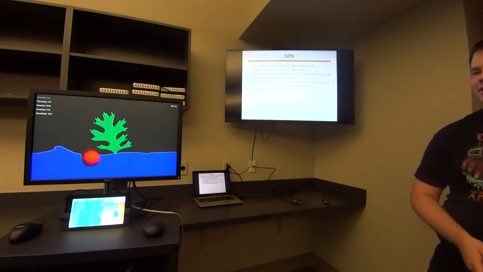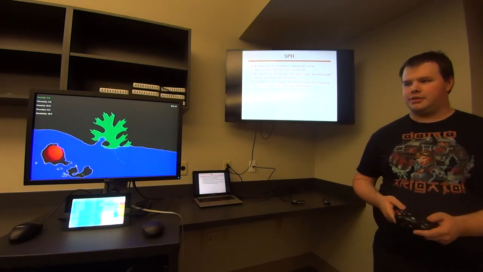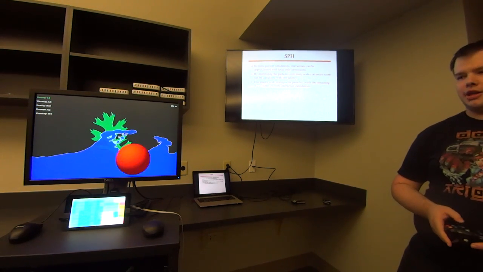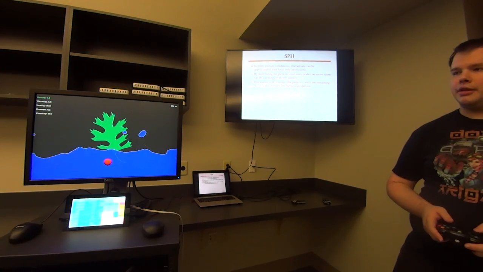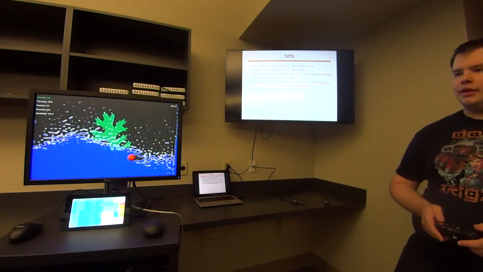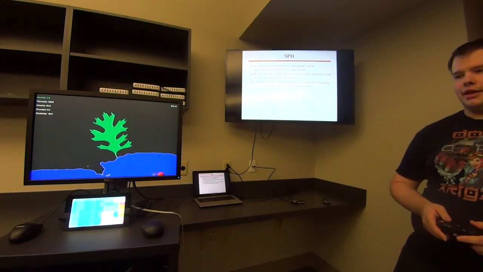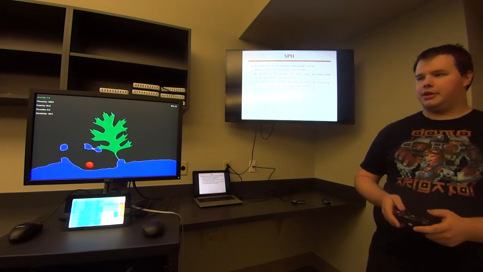Okay, so as you can see, the user using the Xbox controller is allowed to move a ball, change the size of it, and configure various parameters of the system, like reducing gravity, increasing the elasticity between nodes, and increasing the atmospheric pressure in the simulation.